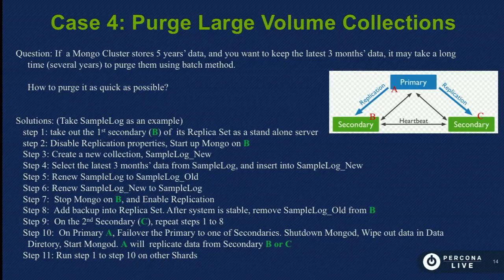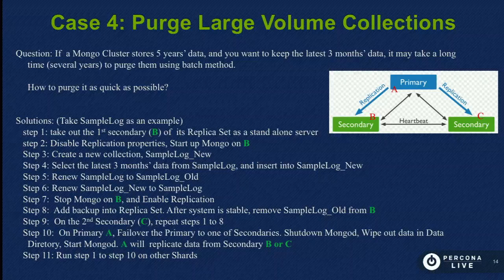Another way is we can always stop mongod on secondary C and wipe all the data, and then restart mongod, because by default the data copying will come from a secondary, not from the primary. So we can easily build this one from here.